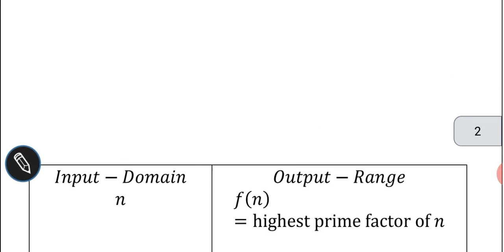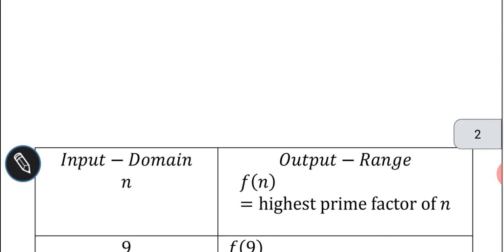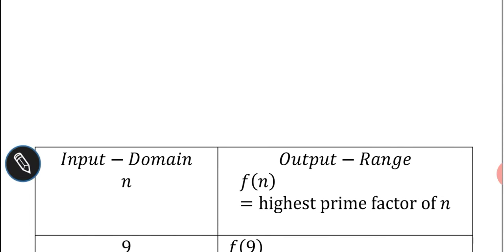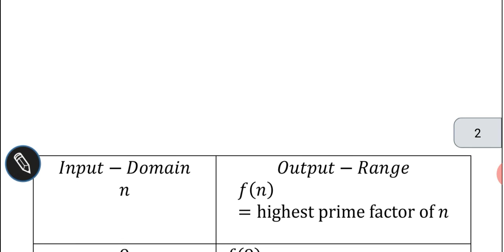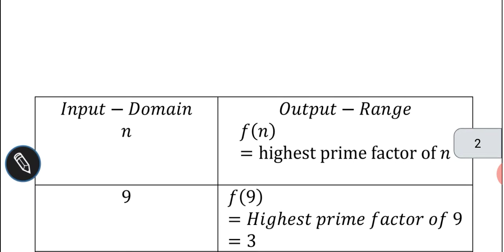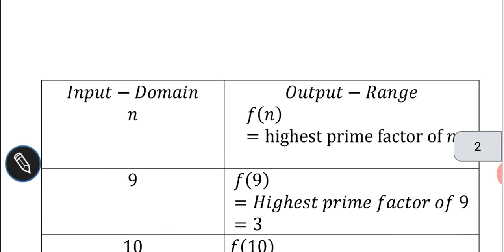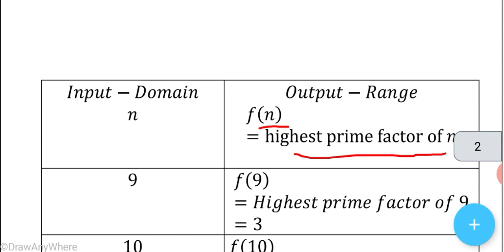So n is the domain, and f(n) is the range. Domain is input, range is output. In the domain we have 9. f(n) equals the highest prime factor of n. So f(9) equals the highest prime factor of 9, f(10) equals the highest prime factor of 10.